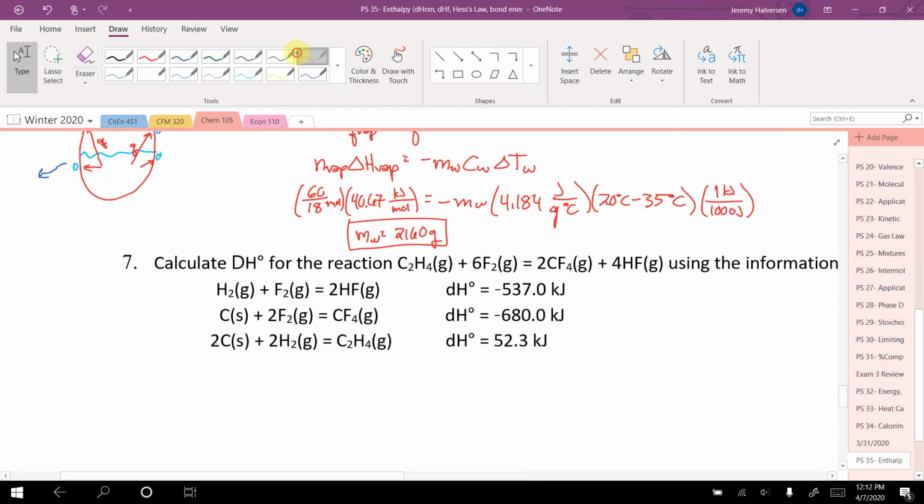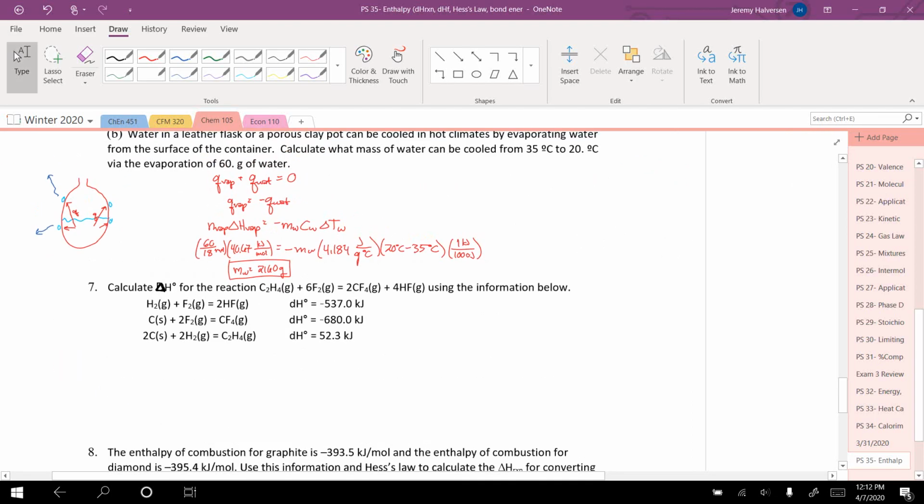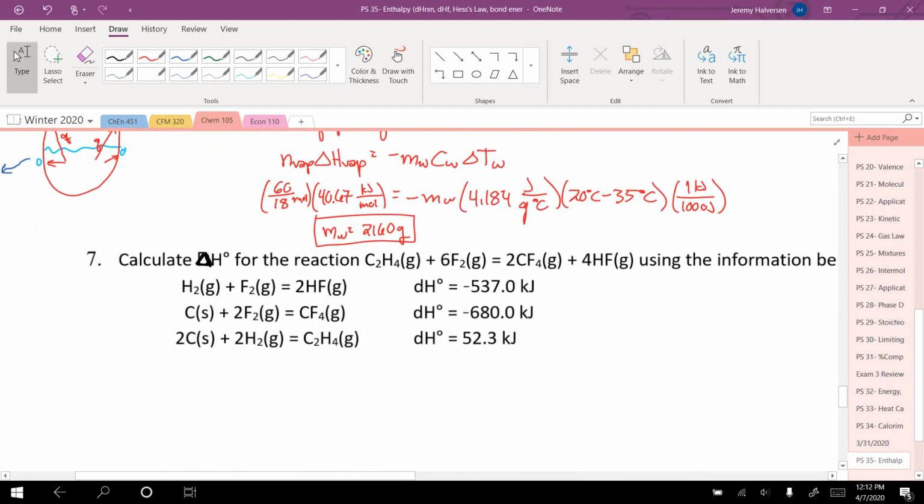Okay, we want to calculate the delta H for this reaction using the information below. This is an example of Hess's law that we talked about previously.